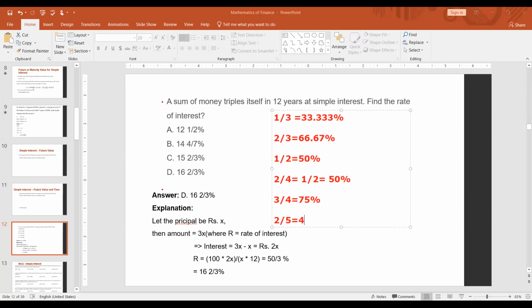This is equal to 40%. So now this is 40%.